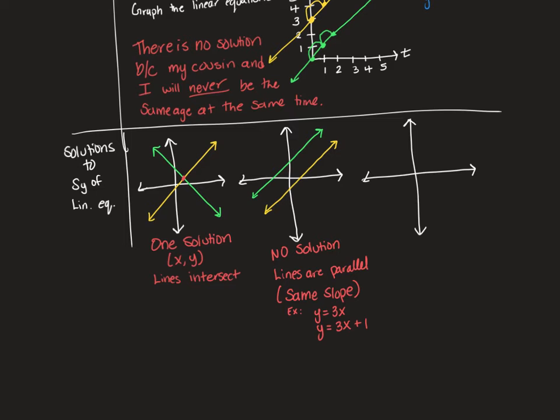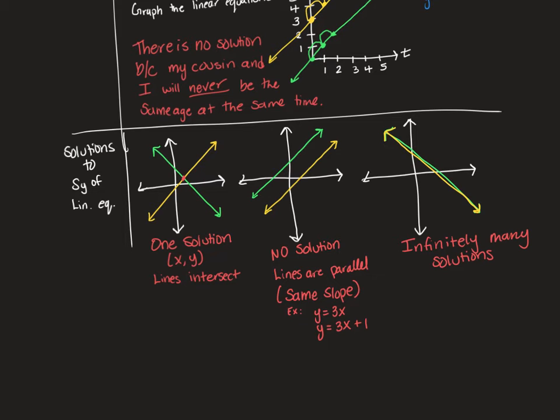And then the last example is when we just have like a line on top of another line, or when you're just given one line. This was my favorite solution. It's infinitely many solutions. Infinitely many solutions when the lines are the same.